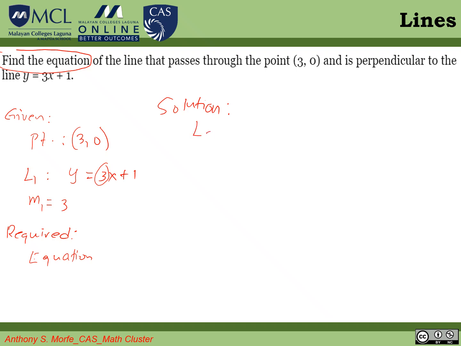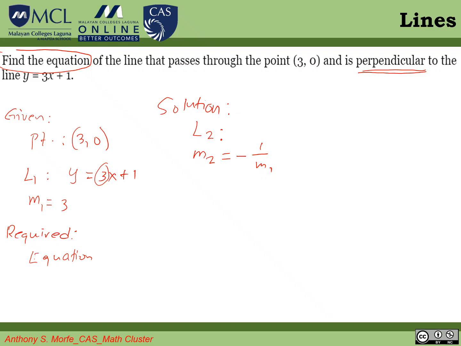Line 2 also has a slope M2, and it says here perpendicular. So if perpendicular, it means that our M2 is equal to the negative reciprocal of M1.